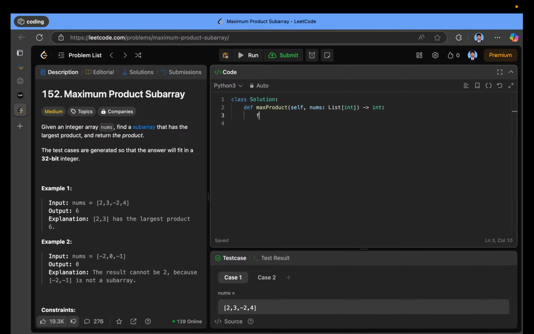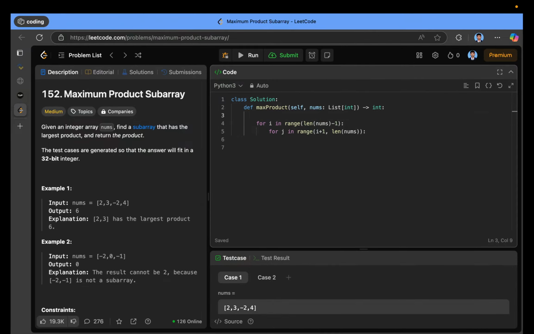So let's go with brute force: for i in range length of nums, for j in range i plus 1 comma length of nums. Now I have to find the product.